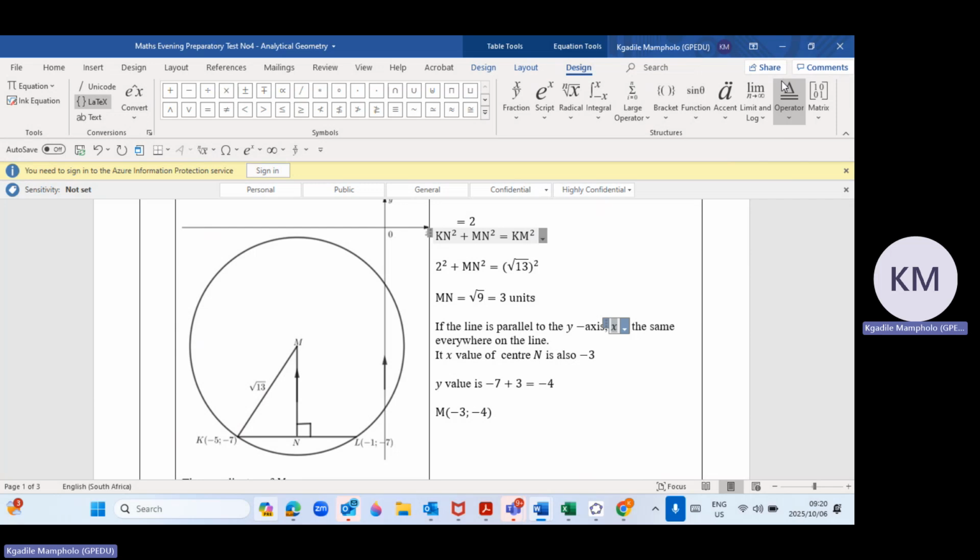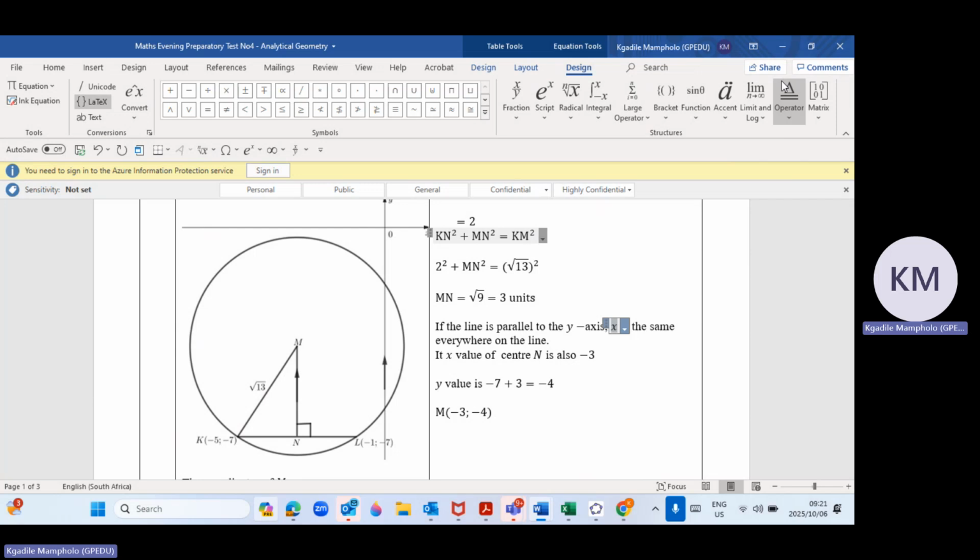Then from there we go on and say, since the y of N is -7, for the vertical distance, the y of N will be -7 plus 3, because the length of MN is 3. It means the y of M will be -4.